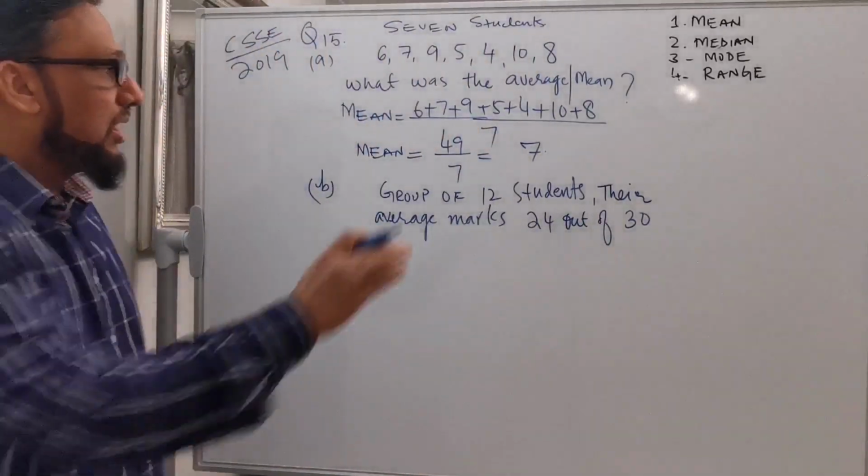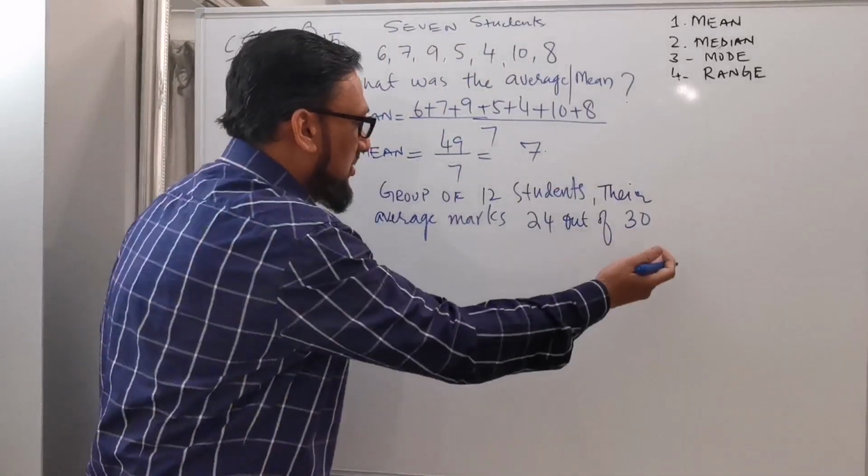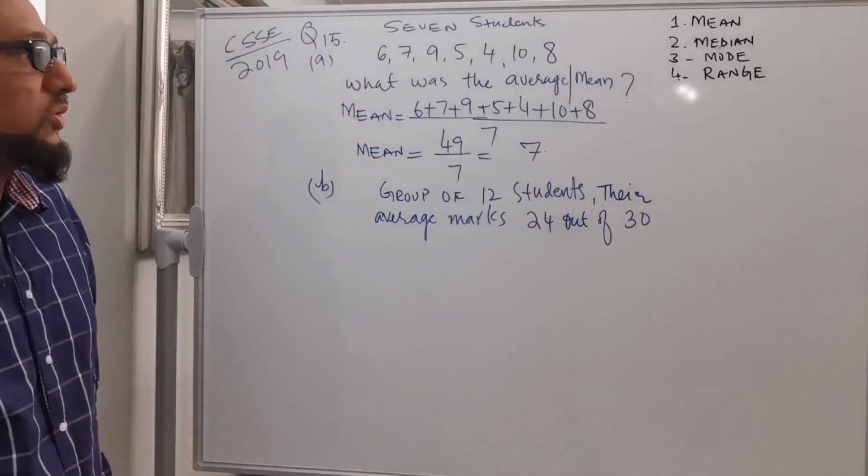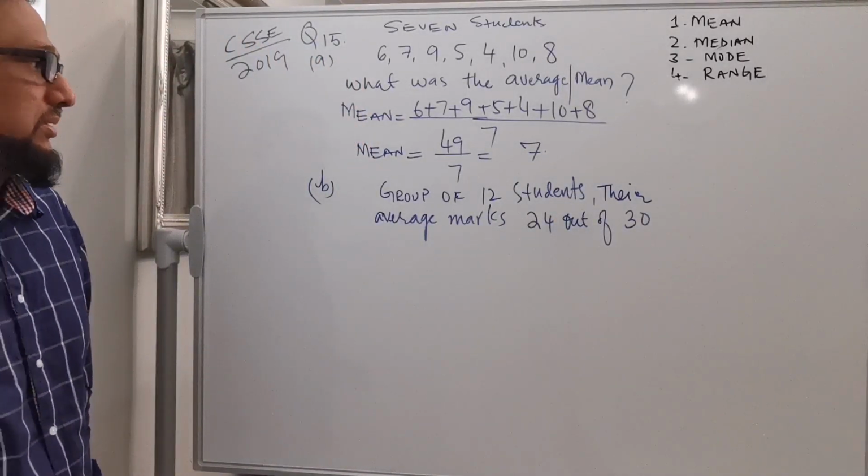So it means there are 12 students and their average marks are 24 out of 30.